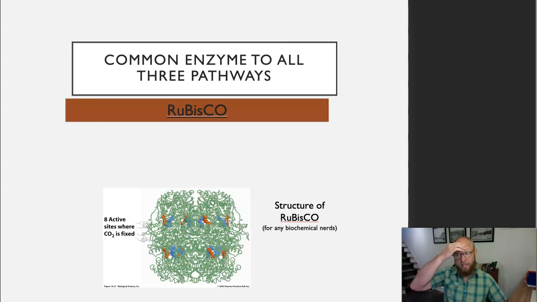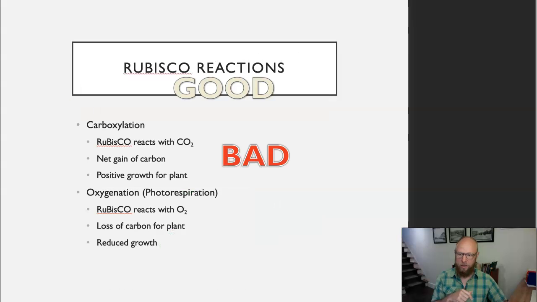All right, so let's go back here and think about rubisco a little bit, and let's think more about these last two letters in the name of rubisco. Remember, rubisco stands for ribulose bisphosphate carboxylase, which is the C, oxygenase, which is the O. And so that means it performs two types of reactions.